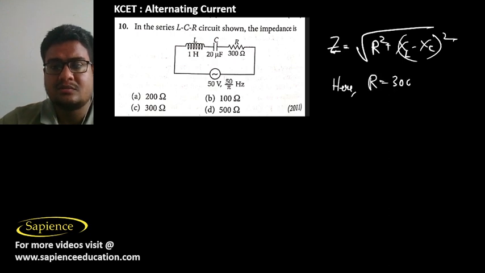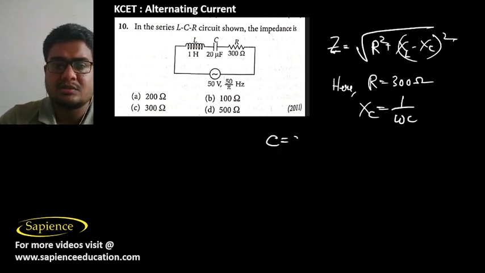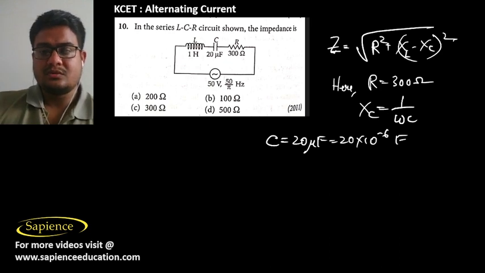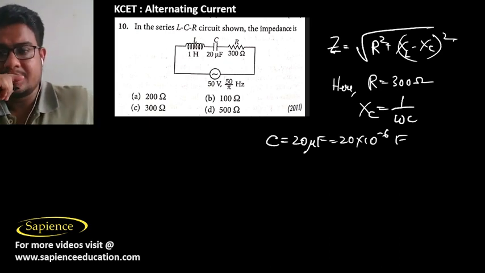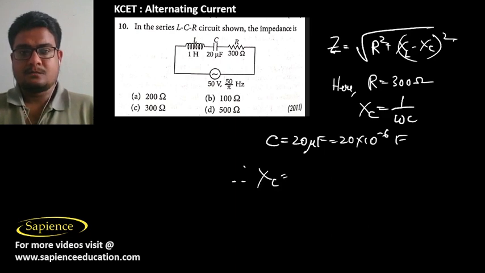Here R is 300 ohm. XC is equal to 1 by omega C, and here the capacitance is given as 20 micro, so this is 20 into 10 power minus 6 farad. Omega is equal to 2 pi into nu, the frequency, given as 50 by pi hertz.